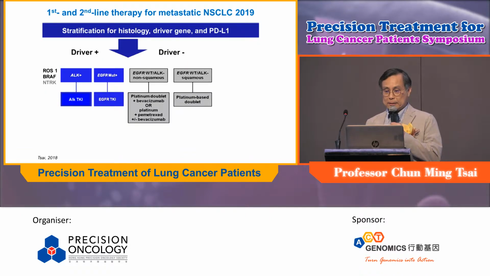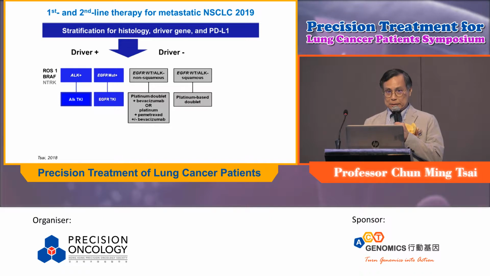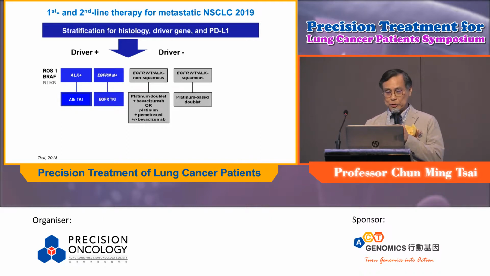And nowadays, we know that for non-small cell lung cancer, we have at least two tests for treating patients. One test is to detect the driver genes, and the other test is to test PD-L1 for the patient whose tumor has no driver genes.